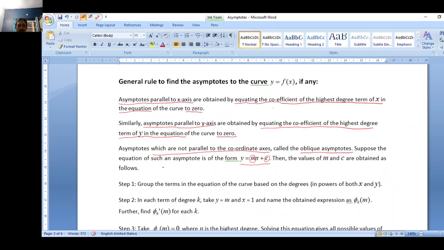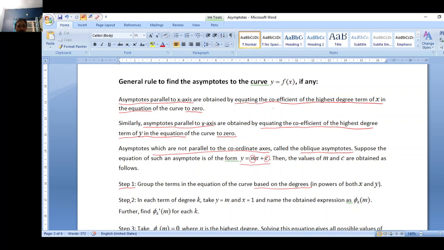So how do you do that? First of all, step 1: group the terms in the equation of the curve based on the degrees, that is, in powers of both x and y. That means in the equation of the curve, you have to group all possible terms of certain degrees, say degree 1 terms, degree 2 terms, degree 3 terms, and so on.